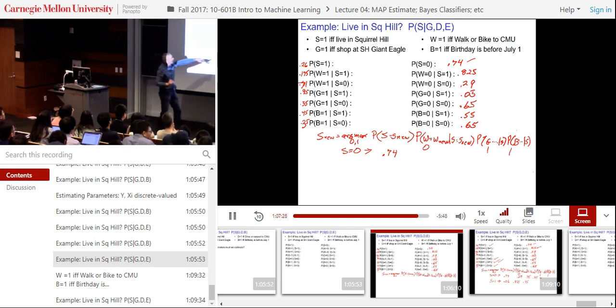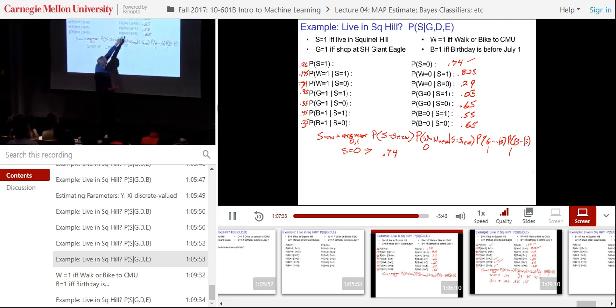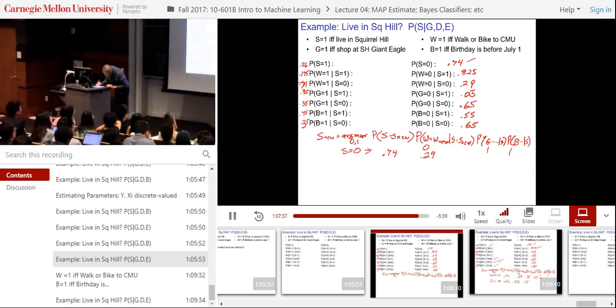And the probability, given that S equals 0, that W equals 0 is 0.29. Correct me if I get this wrong, because it's really important. Times the probability that G will be 1, given that S equals 0, which is 0.35, times the probability that B will be 1, given that S equals 0, which is 0.35.